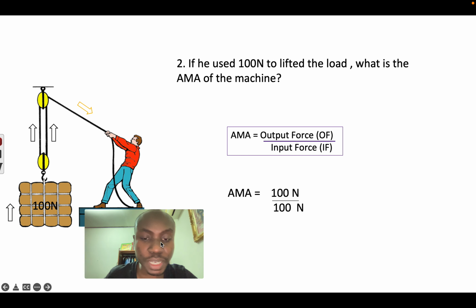So the actual mechanical advantage is going to be 100 over 100, which is just 1. Okay, you see that the IMA was 2, but the AMA is 1.